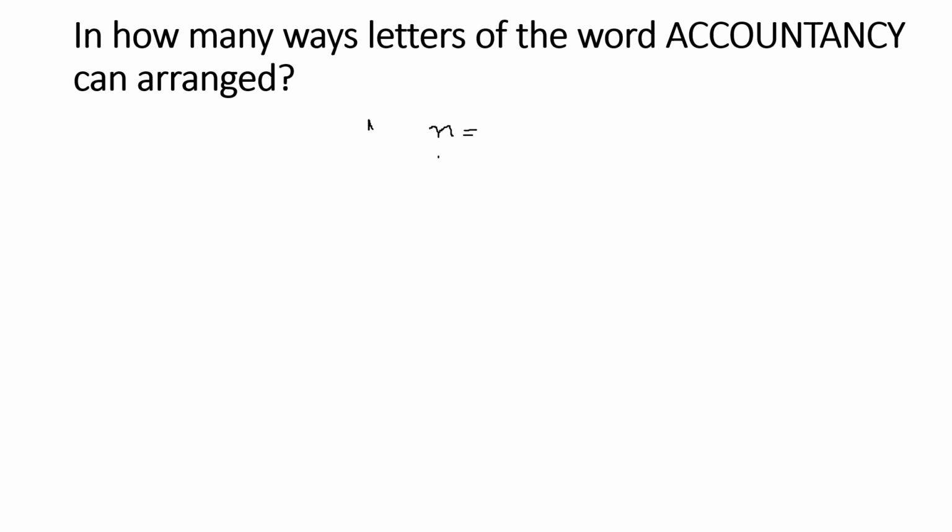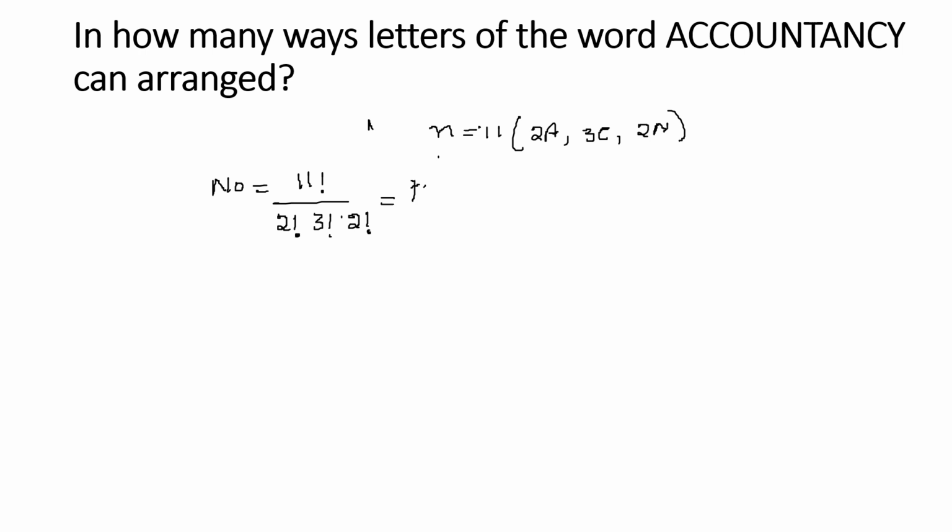In accountancy there are some repetitions: we have 2 A's, then we have 3 C's, and then we have 2 N's. These are the repeated letters in accountancy. Therefore, total number of words will be equal to 11 factorial divided by 2 factorial for the 2 A's, 3 factorial for the 3 C's, and again 2 factorial for the 2 N's.